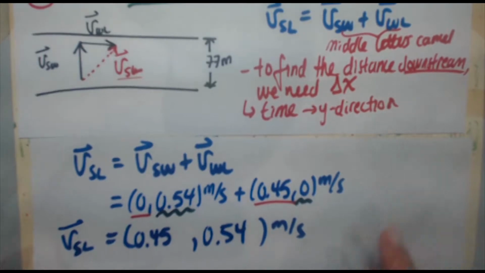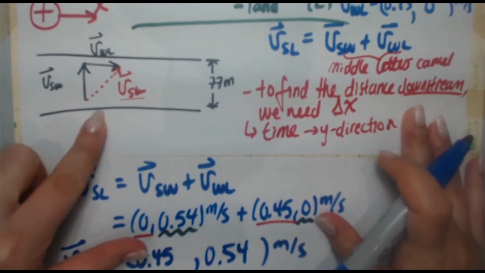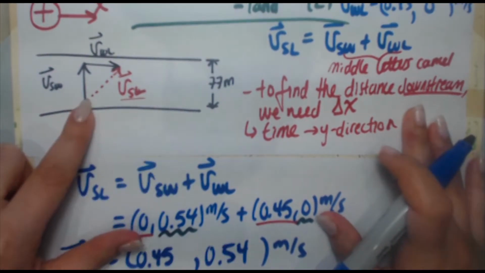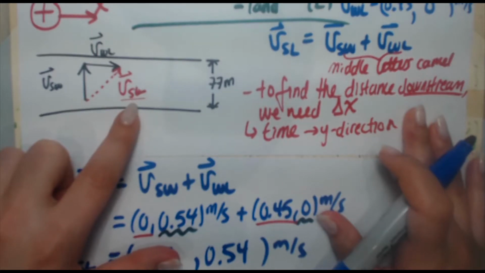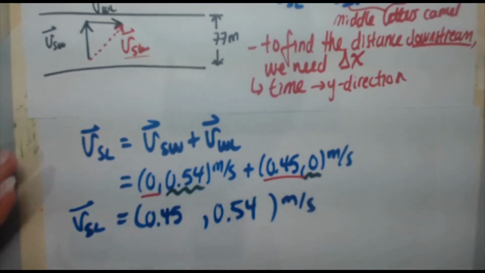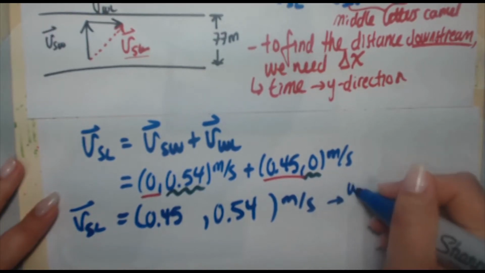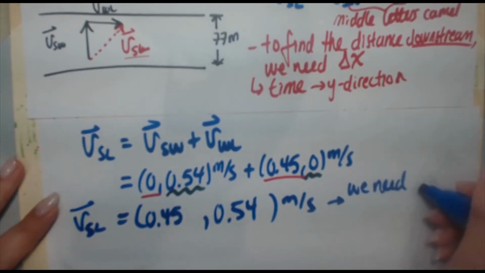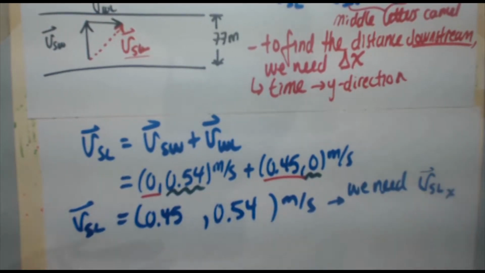Now, again, to find the amount that the person ends up downstream, we need the x component of VSL. Okay, so how do we find the x component? Well, first and foremost, and this is going to be a lot of subscripts, we need VSLX. So we've got two layers of subscripts there. How do we find it? Well, it's right there.